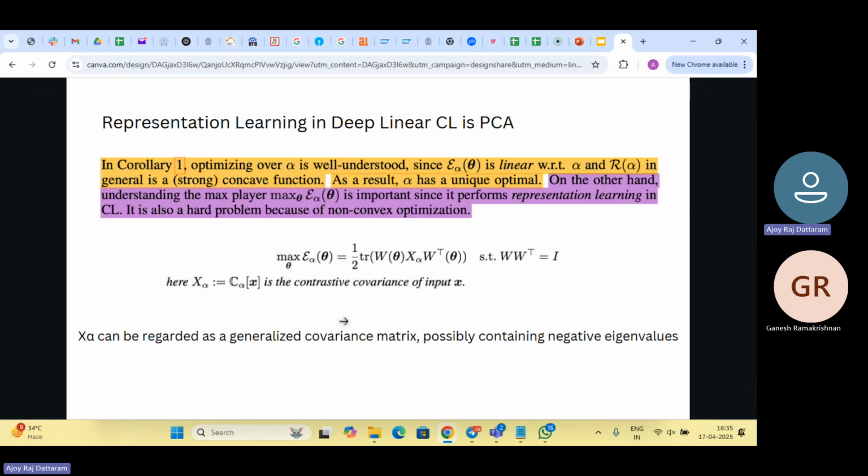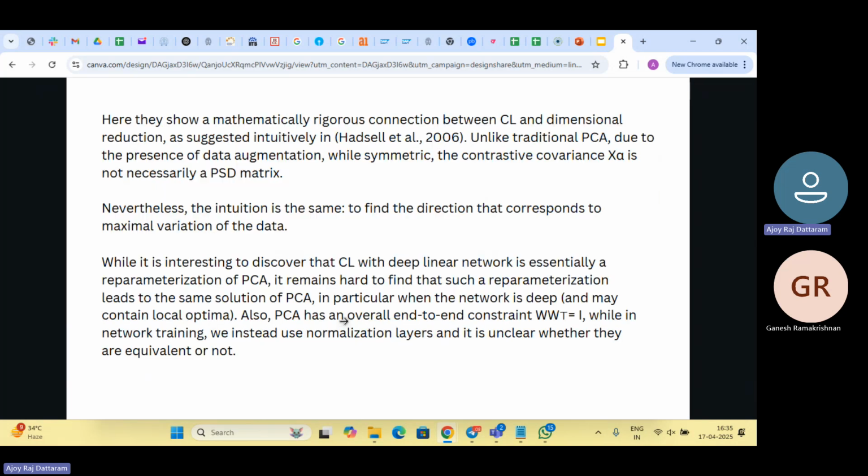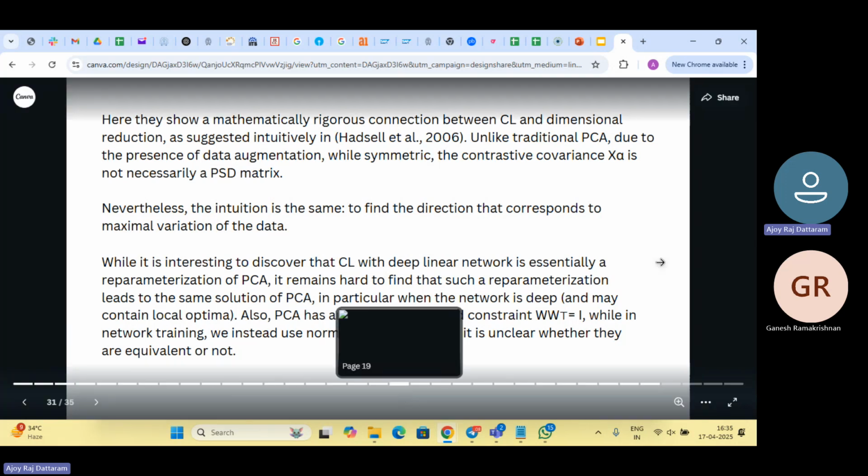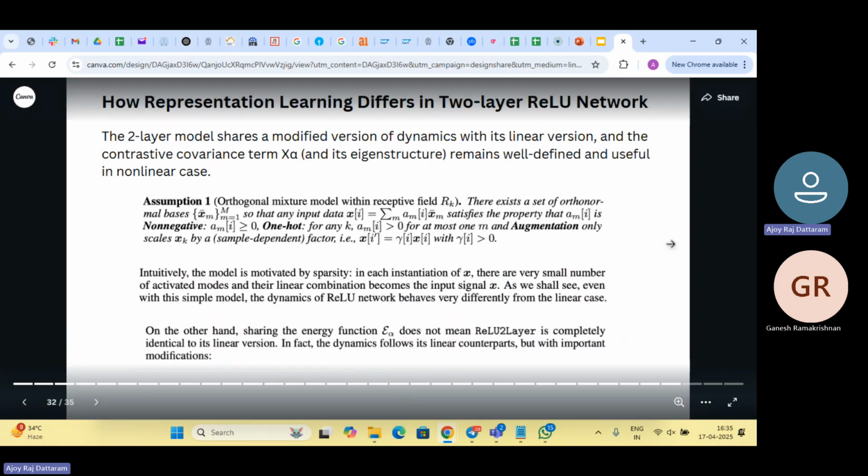This is giving some negative values, which are not there in traditional PCA. So this is one drawback of this. But yeah, it is giving a proper PCA solution, and this is just a reparameterization of PCA. They have defined that with this approach, we are just reparameterizing the PCA approach.